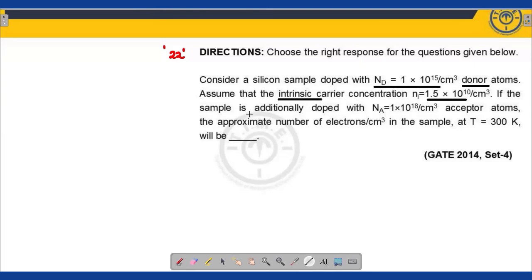If the sample is additionally doped with Na equal to 1 into 10 power 18 per centimeter cube acceptor atoms, the approximate number of electrons per centimeter cube in the sample at T equal to 300 degree Kelvin will be how much?